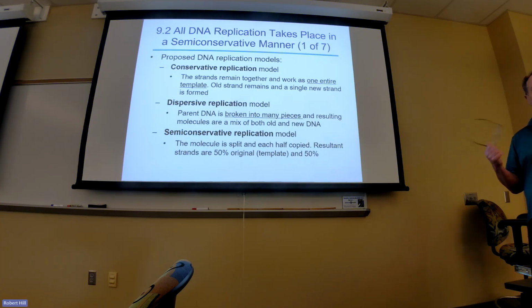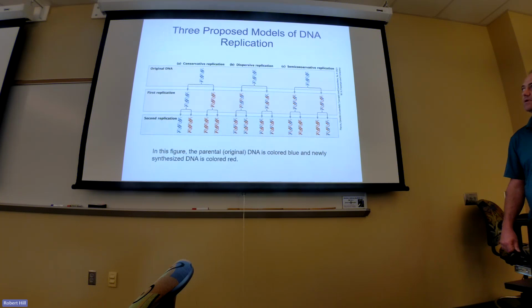And the third was a semi-conservative method, where the molecule is split into 2, and each of those 2 represents a template by which it can be copied. Because of complementary base pairing, each daughter strand of DNA is going to be identical to the parent as long as there are no errors.